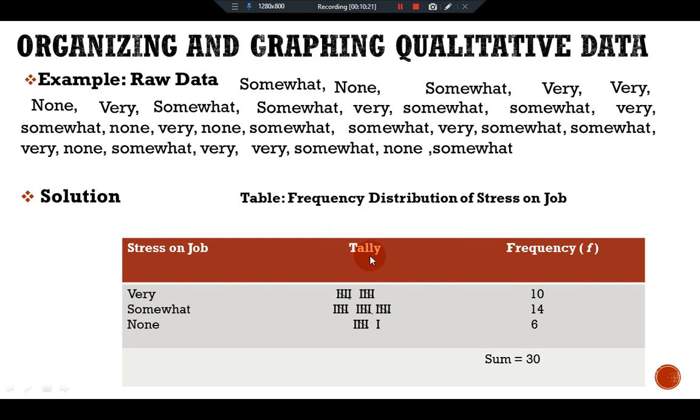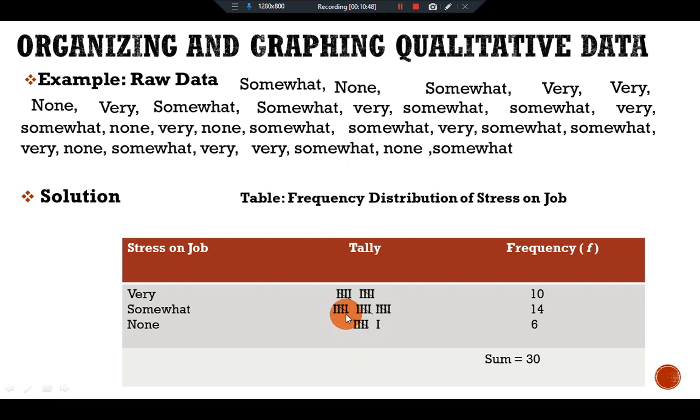With the help of tally marks, we can get the frequency of each individual class as well as the total frequency of all classes. The first response is somewhat, so we mark somewhat 1, and then for none we mark in front of none.